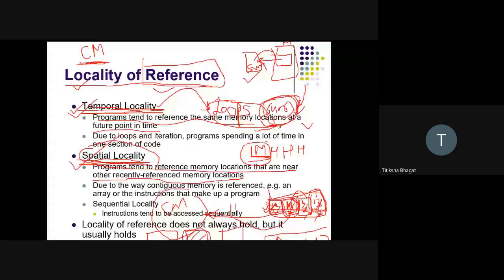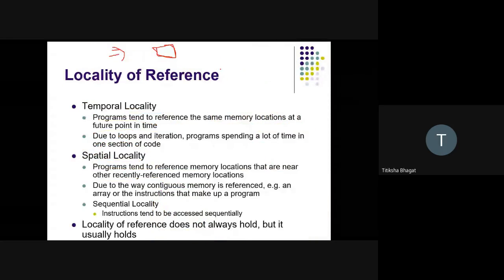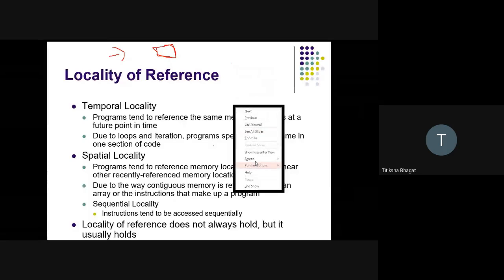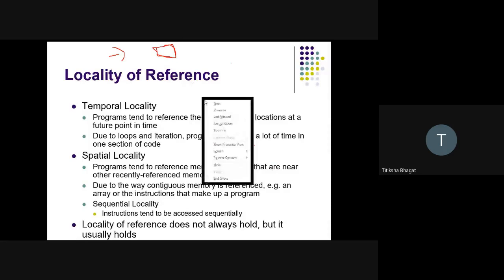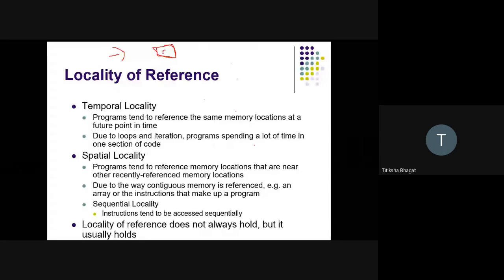So cache not only brings the required data, जो डेटा रिक्वायर्ड है मेन मेमोरी से, सिर्फ उसी डेटा को नहीं लेके आएगा. Here I am again summarizing this. So this is my cache memory and this is the main memory.